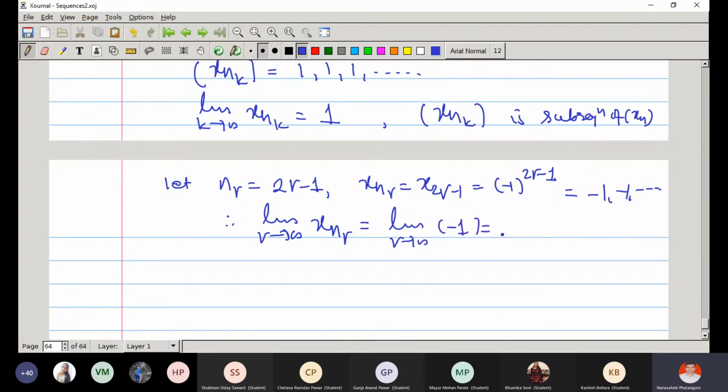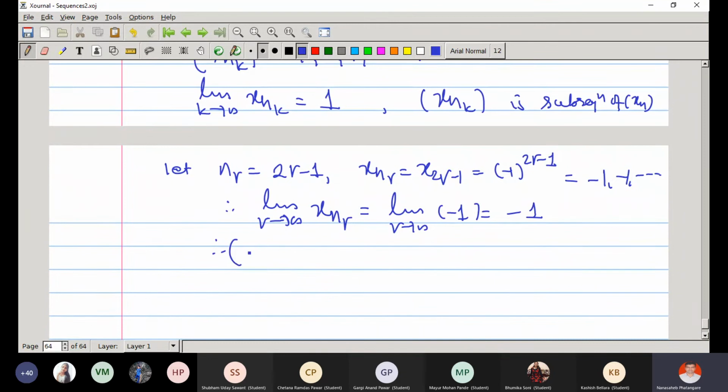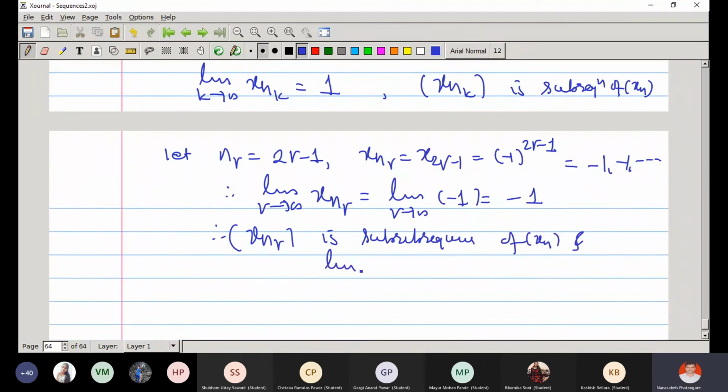Each term of the subsequence is minus 1, right? We are just extracting the odd suffixes. In the previous case, we extracted only even suffixes. So what is the limit as r tends to infinity of x_{n_r}? Minus 1. Therefore x_{n_r} is a subsequence of x_n, and its limit is minus 1.